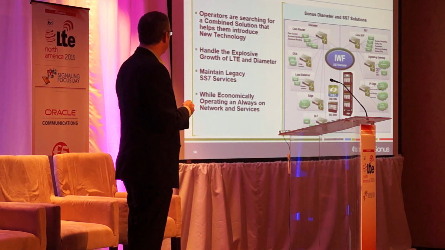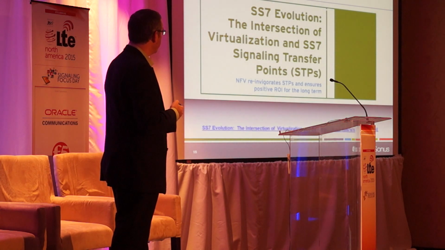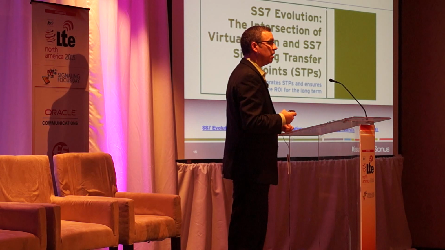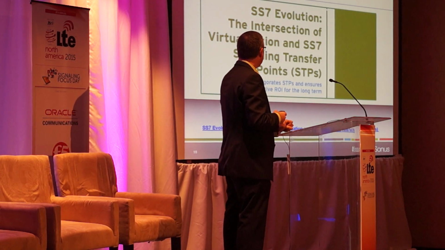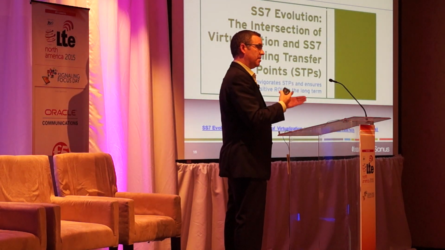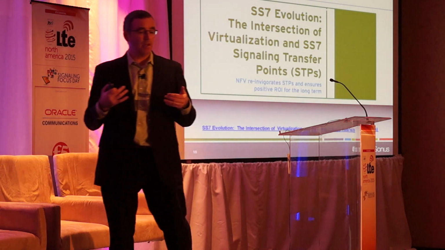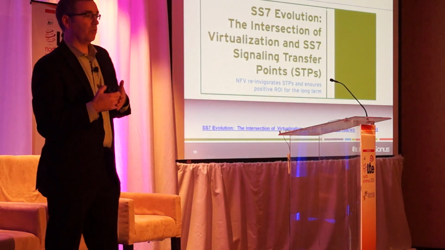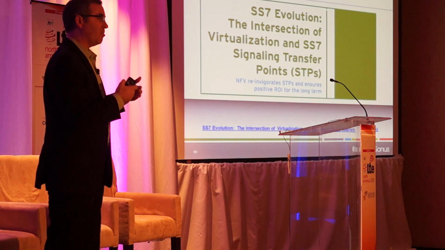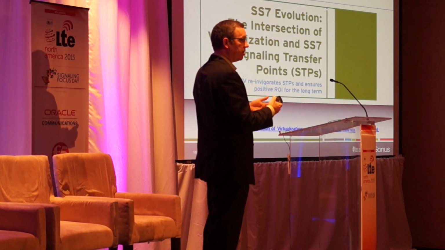So that is it. Oh, one last thing. A few months ago, we posted a white paper. Feel free to go after that link and download it. We're talking about the intersection between SS7 and virtualization. And what we're trying to communicate here is that the SS7 network and STPs aren't quite ready for mothballs, and we need continued investment in these technologies.